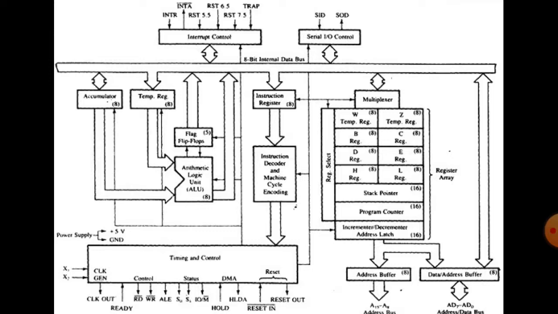It is used in washing machines, microwave ovens, and mobile phones. So the 8085 microprocessor is used in electronic appliances.